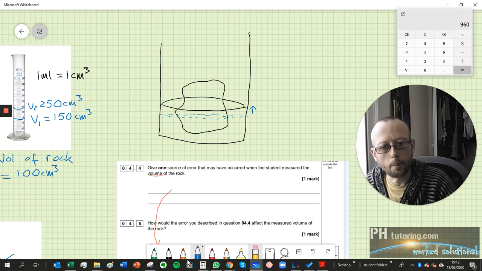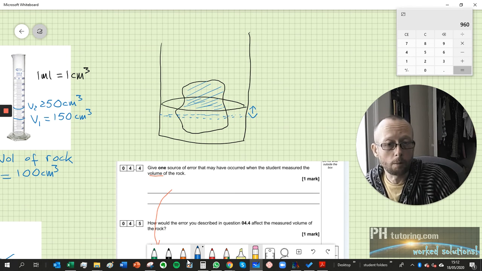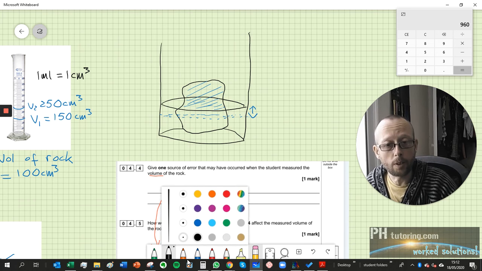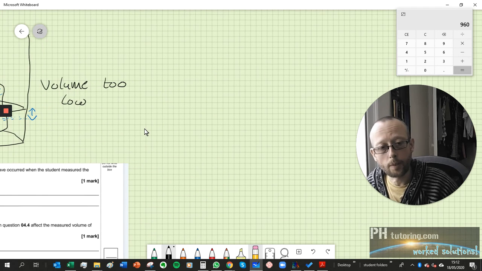It's gone up by that amount there, but it's not measuring all of this rock above the water, because none of that rock above the water is displacing the water. So that's one way. Now, if you did that, what would the effect be? Well, the volume that you're going to read would be too low.